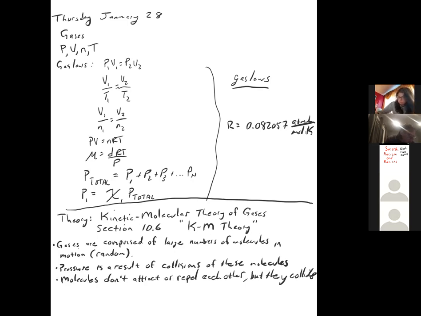And then there's really one more thing that's important here, and that is that as the temperature of a gas increases, in other words, as the gas gets hotter, the molecules tend to move faster.